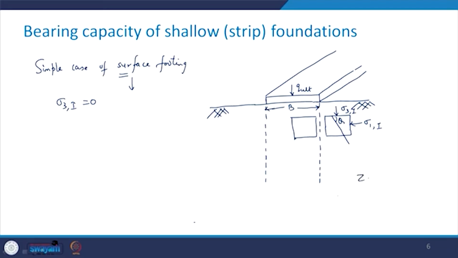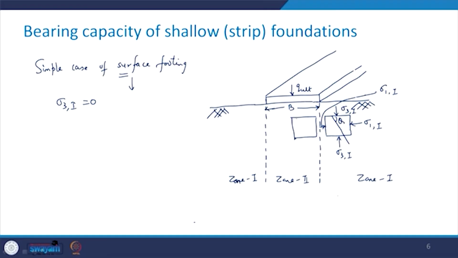So, basically this is my zone 1, and here this is zone 2, and obviously this one will also be zone 1. So, here we have sigma 3 of zone 1, and in this direction this is going to be sigma 1 of zone 1.